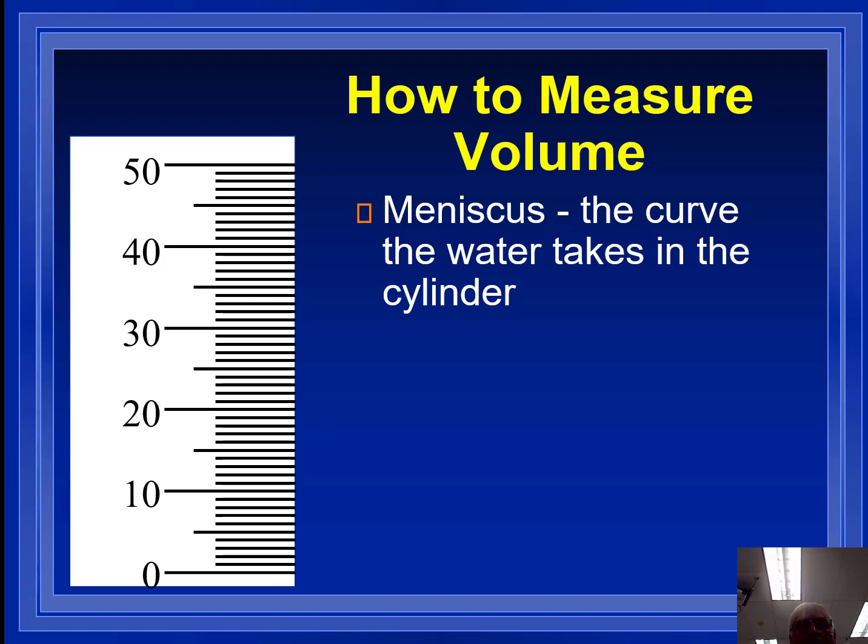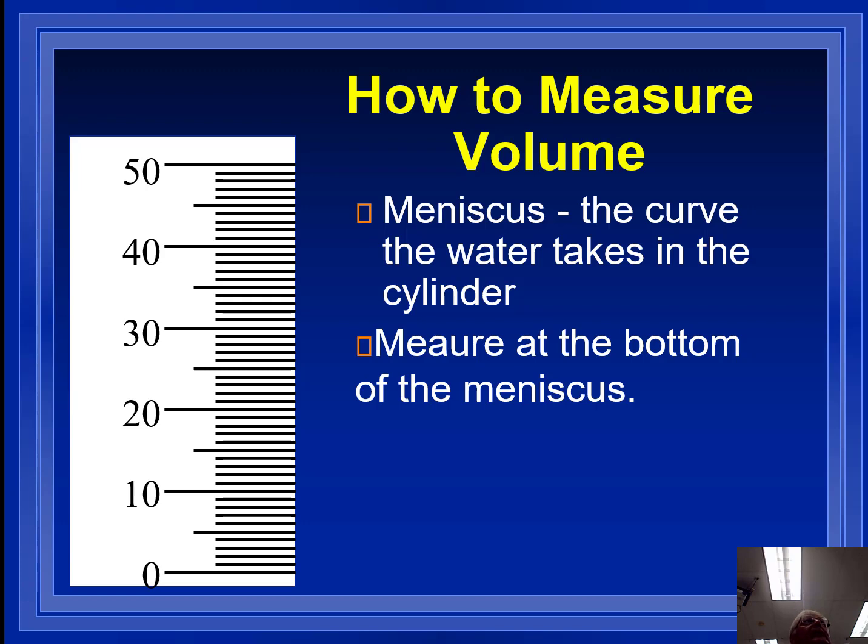So the water is going to touch the sides of the graduated cylinder at one spot and then sink down below it. The graduated cylinder is designed so that you measure at the bottom of the meniscus. Not where it touches the glass, but where the bottom of the curve is in the middle of the graduated cylinder.